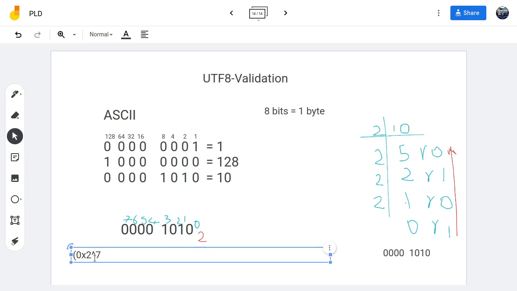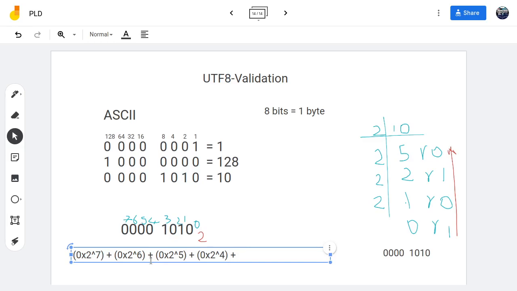Plus 0 times 2 raised to power 6, plus this raised to power 5, and plus this raised to power 4.